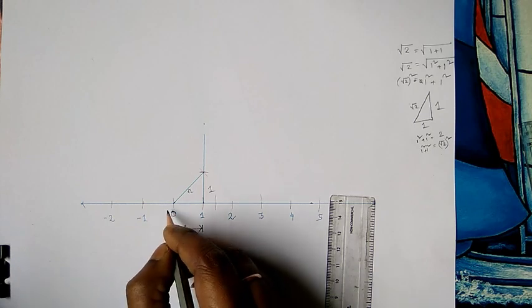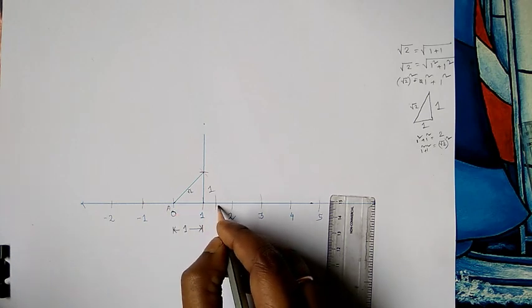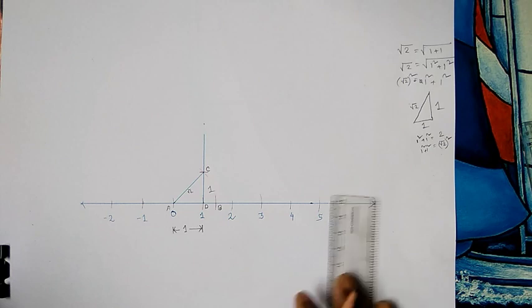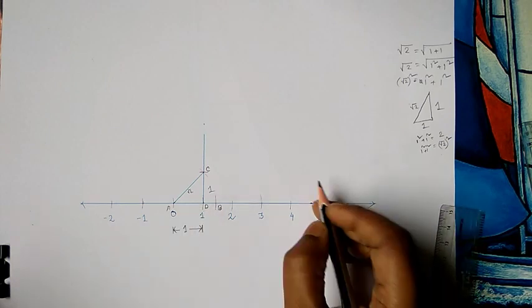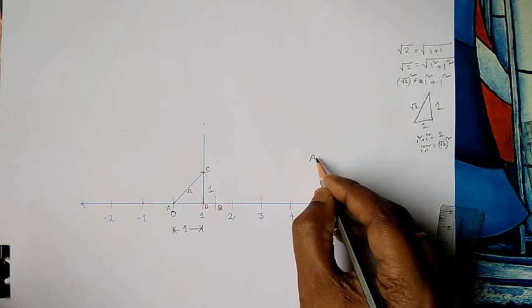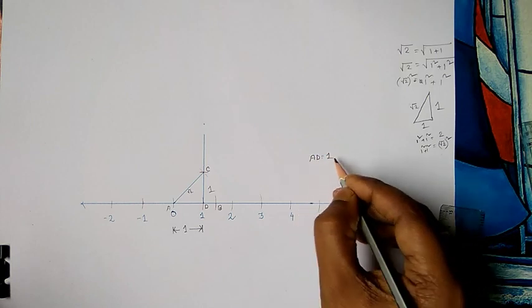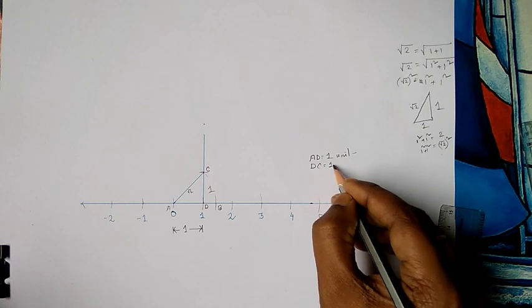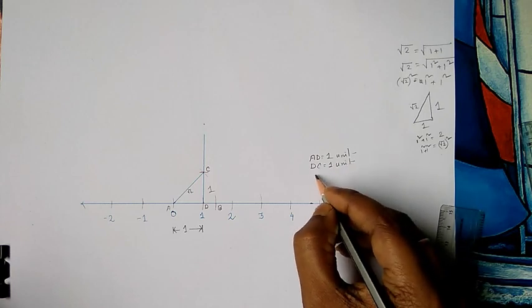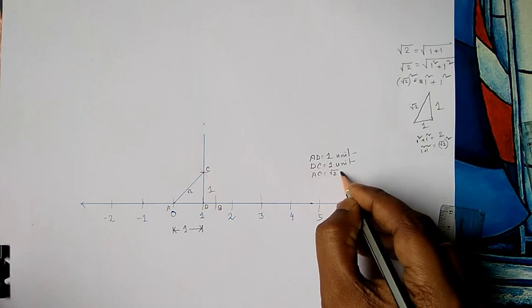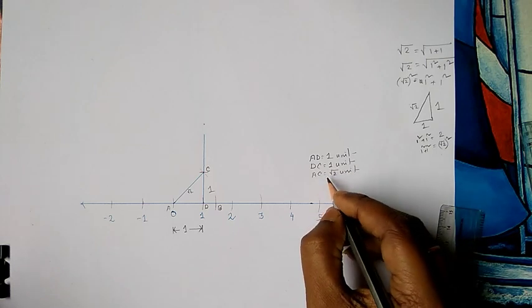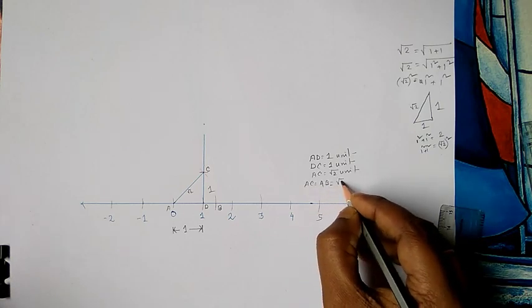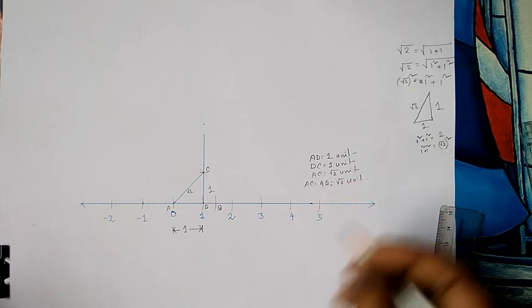So you can write here A, B, C, D. From the given figure you can write AD equals 1 unit, BC equals 1 unit, AC equals root 2 unit, and finally you can write AC equals AB equals root 2 unit.